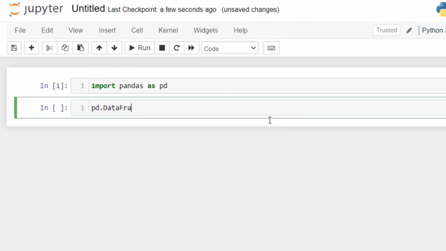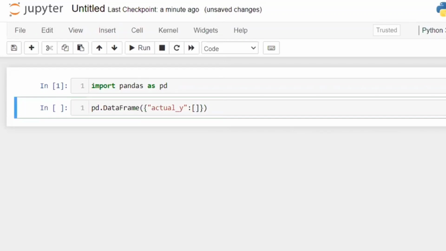In the data frame, I'm going to use a dictionary, out of which the first one I'm going to take is actual_y: and what is the list of values? 10 values.